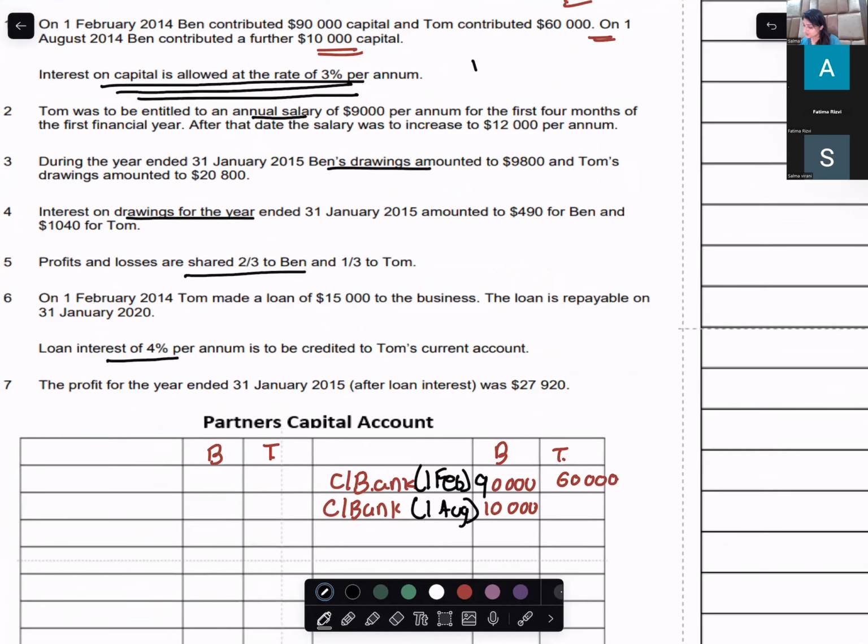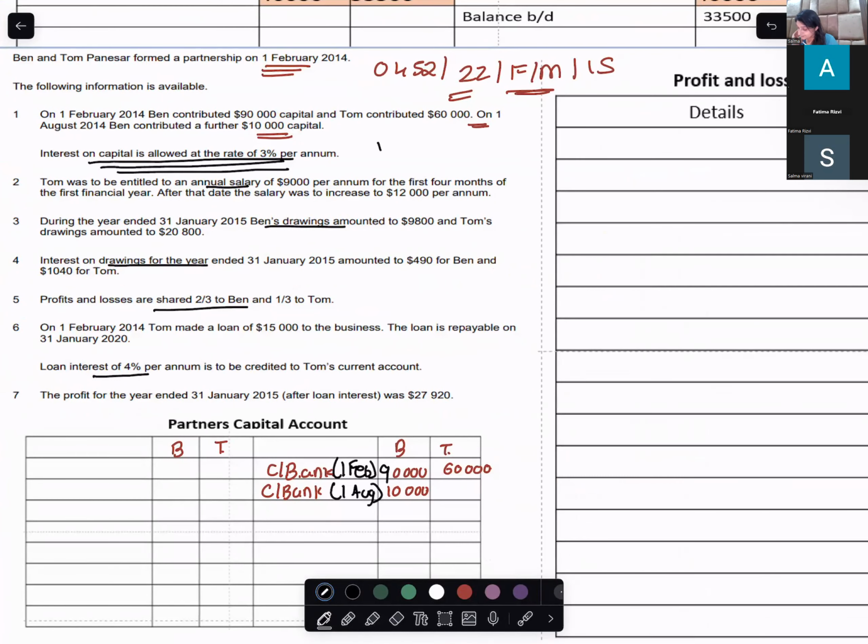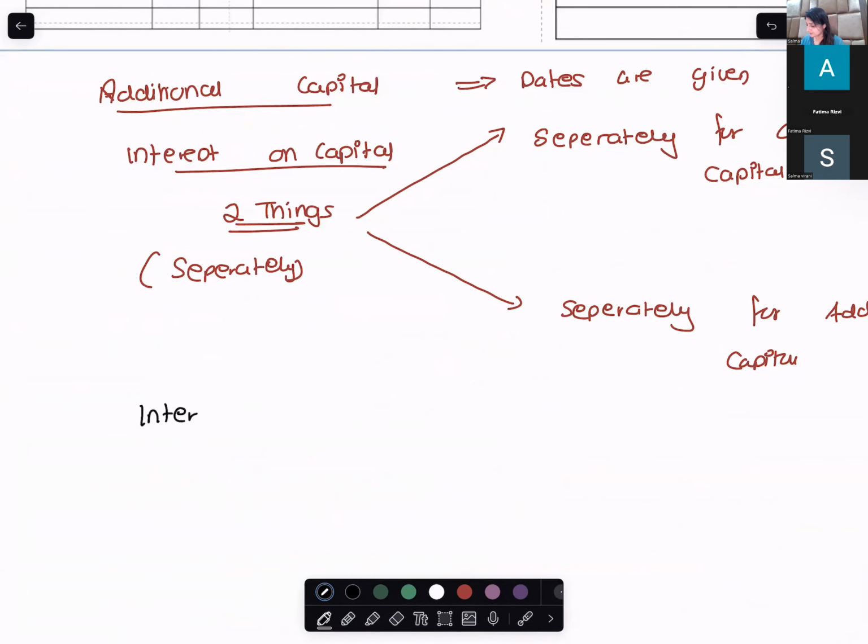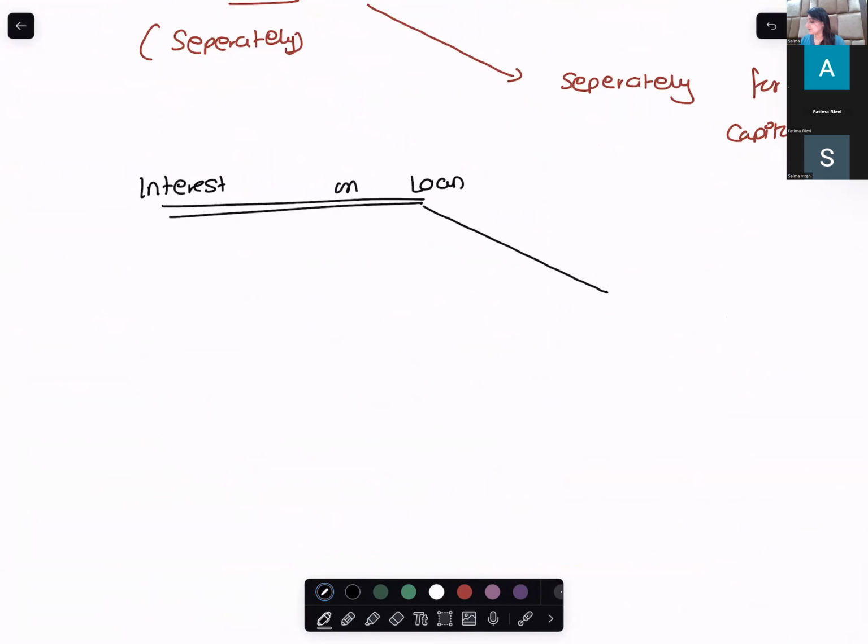Can you give me two effects of interest on loan? The first effect is that interest on loan is recorded in the capital or current account, whatever account you are making, on the credit side.